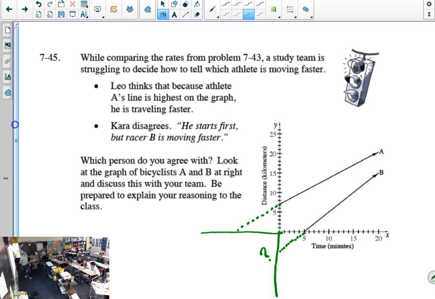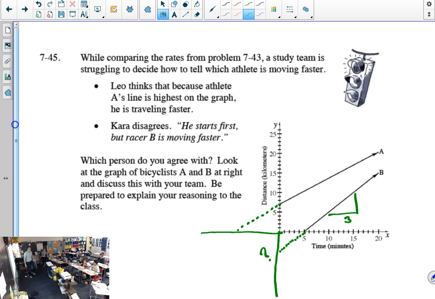And we could figure this out. For Biker B, what was his slope triangle? What was that triangle we had for B? 60 kilometers per hour. I don't want the miles per hour. Slope triangle. What was the X? They're both 3.